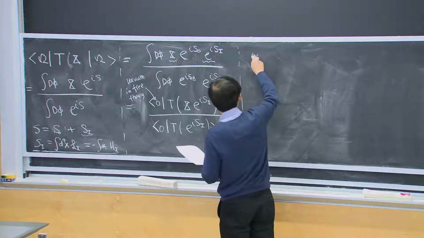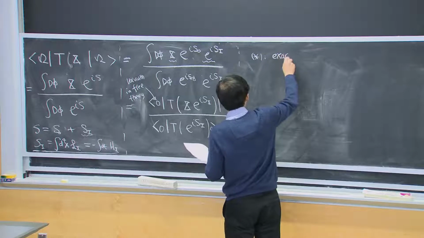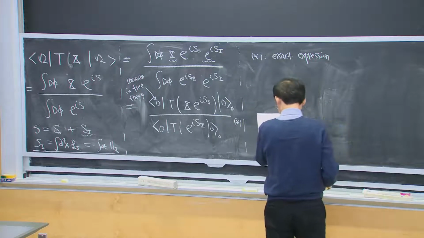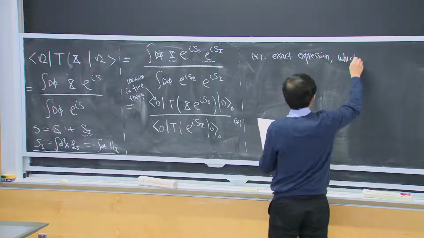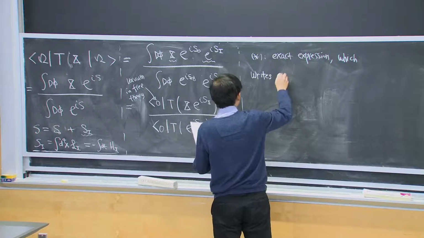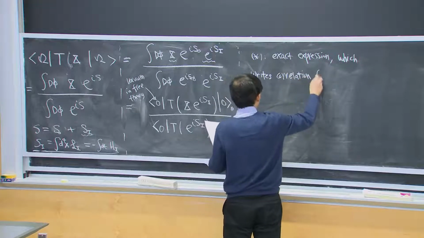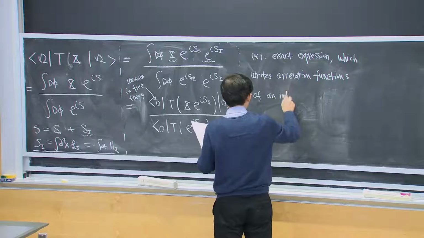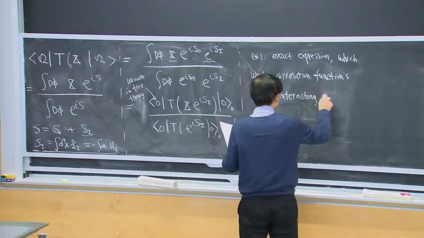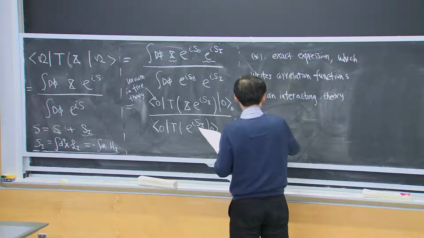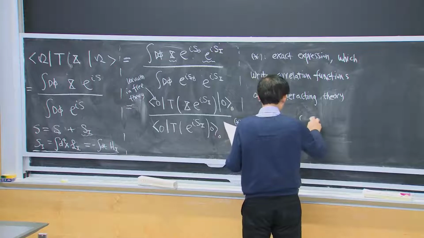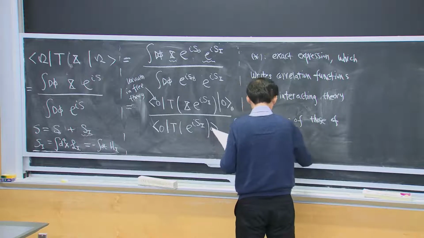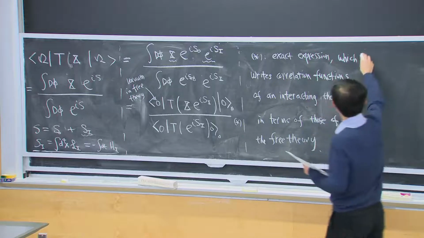This star is the exact expression, which writes a correlation function of an interacting theory in terms of lots of free theory ones.